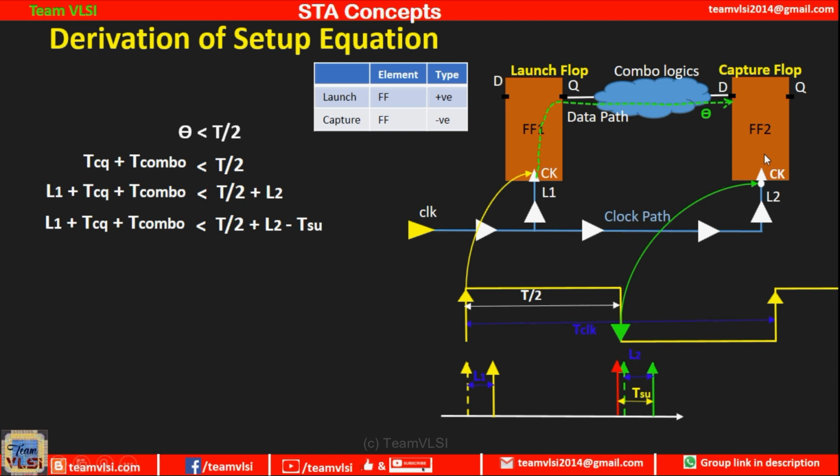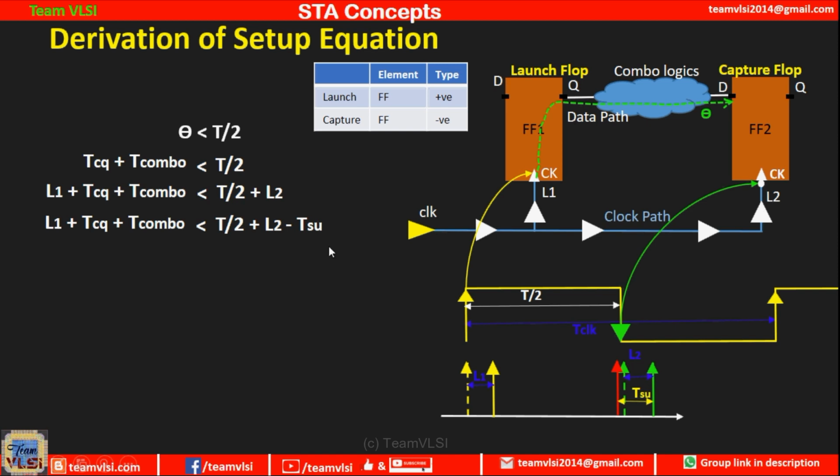Now let's introduce one more practical factor, that is the setup time of the flip flop. As per the definition of setup time, data should reach the capture flop before the setup time of the flop from the arrival of the clock edge.